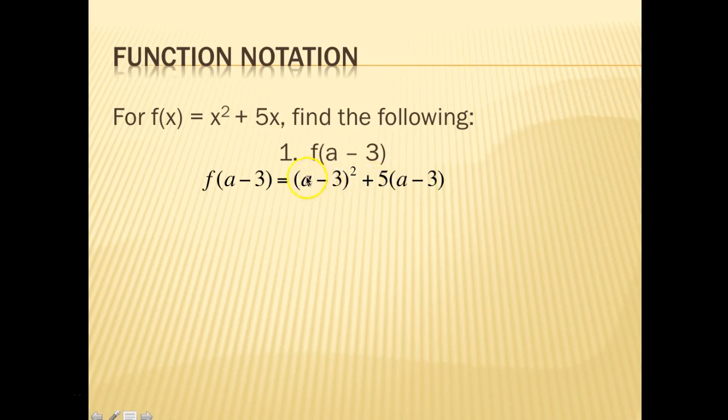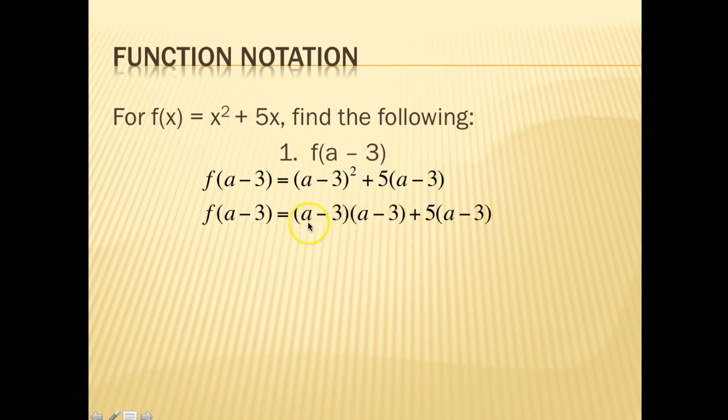The first thing I notice is I am squaring a binomial. I could either use the property I just learned, or I could multiply (a minus 3) times (a minus 3) by FOILing.